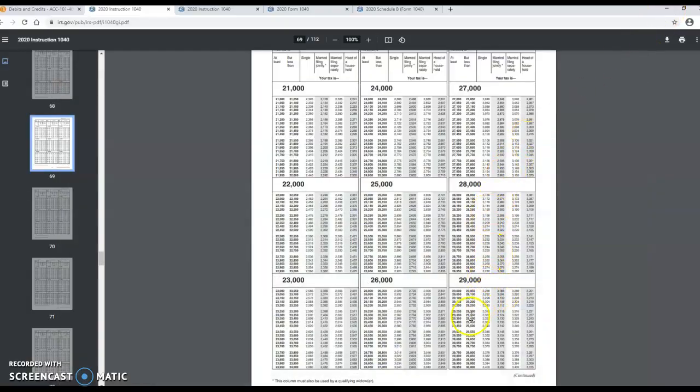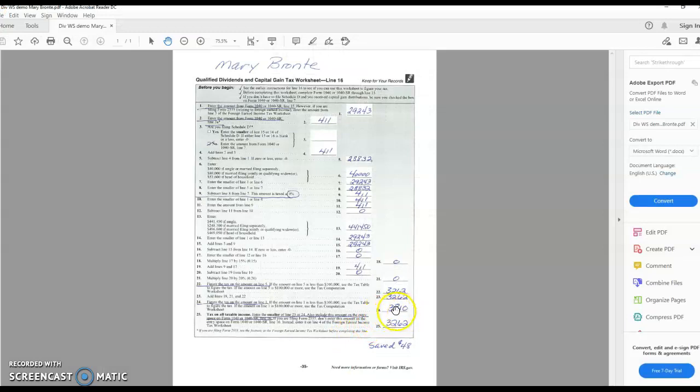Here's our 29,000 box on the tax table. It's 29,200 to 29,250. And that amount for the single is 3310.